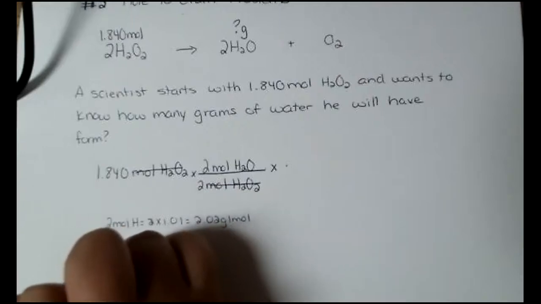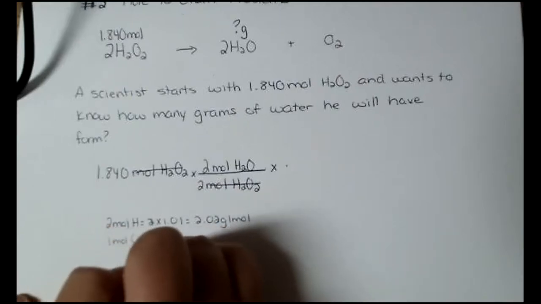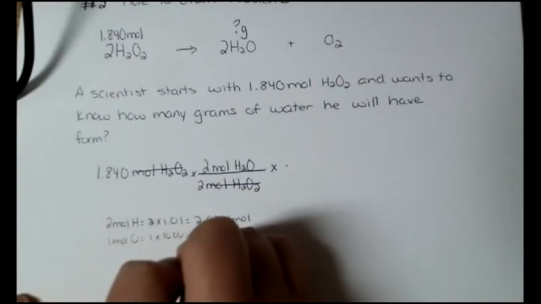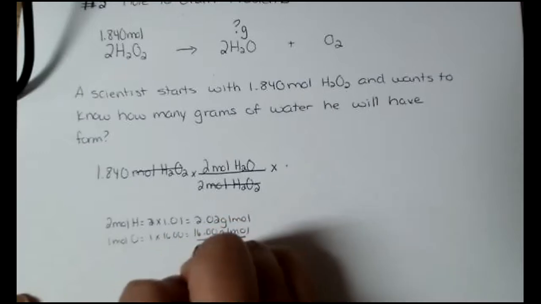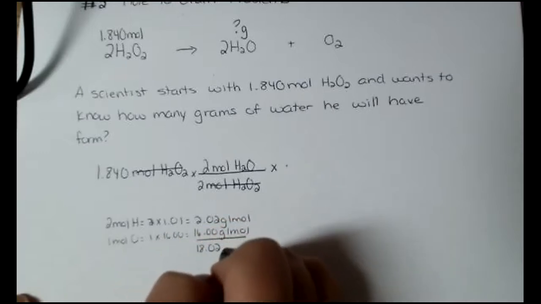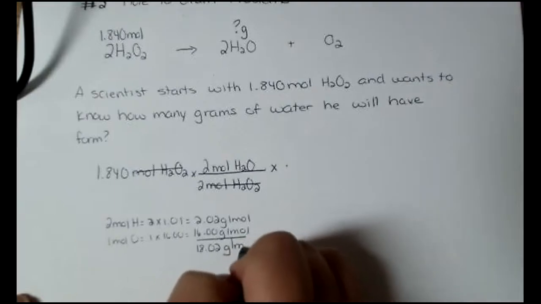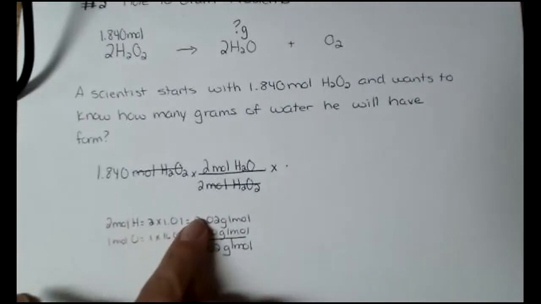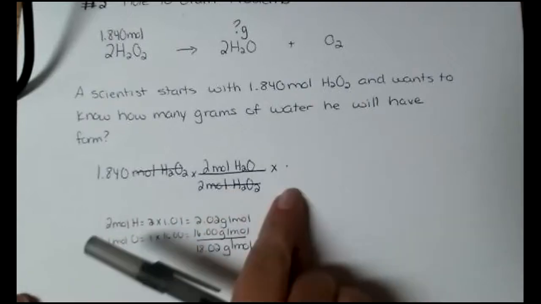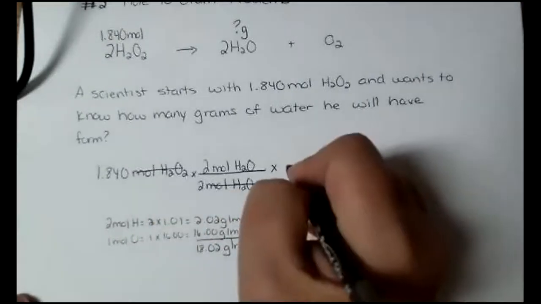And then I have 1 mole of oxygen. So I know that the molar mass of water is 18.02 grams per mole. So now that we've become an expert on this, you don't have to write all of this out. You can do it over to the side and put it in there, okay?